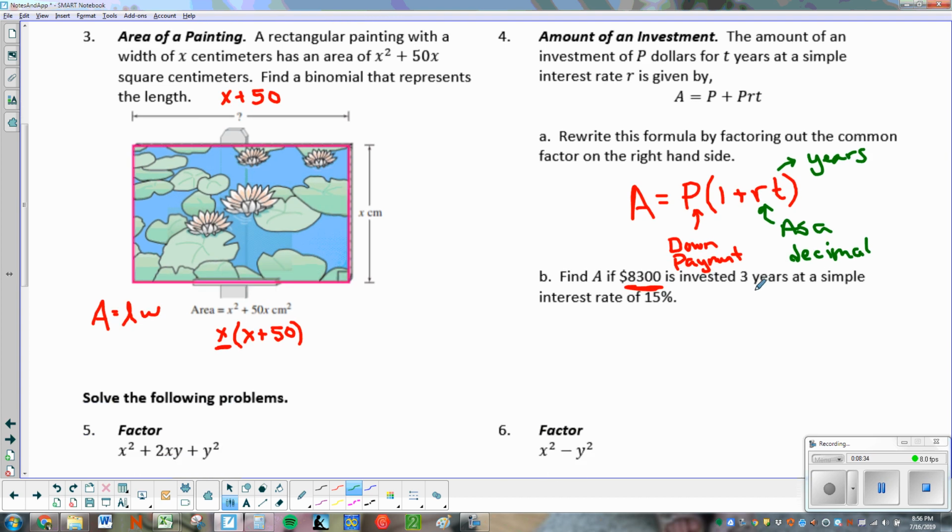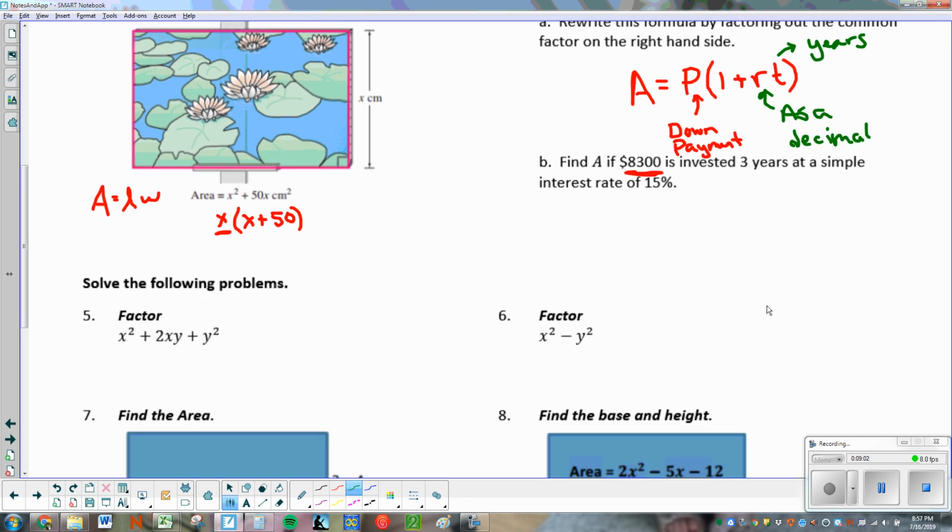And no, you don't. You're given years, plug in years, because it didn't really say it, but this 15% interest rate is a yearly interest rate. So that being said, you can then plug in the values that you have down below into this formula and figure out what that investment would be worth after 3 years.